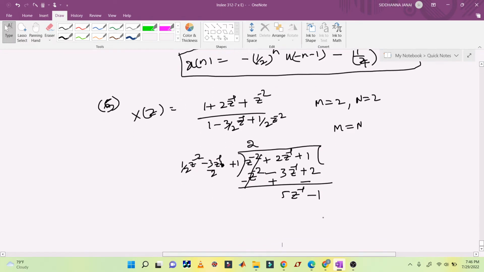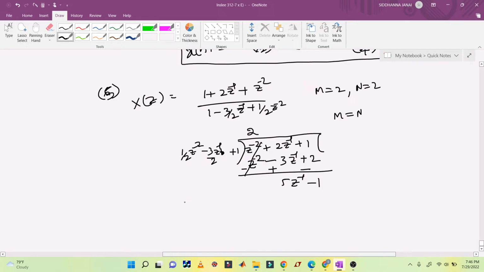So actually now we will get x of z as, x of z is equal to 2 plus 5z inverse minus 1 divided by 1 by 2 z to the power minus 2 minus 3 by 2 z to the power minus 1 plus 1.